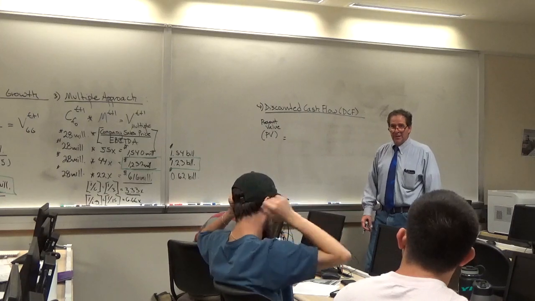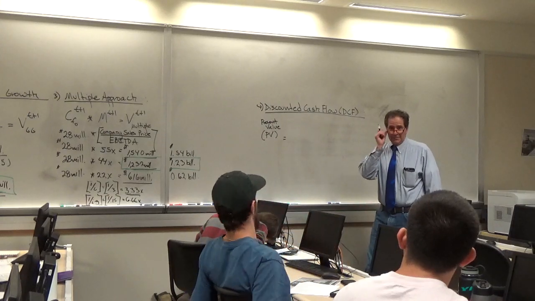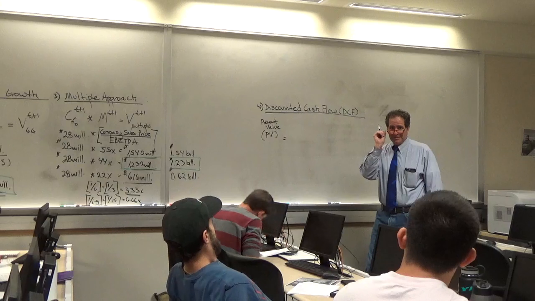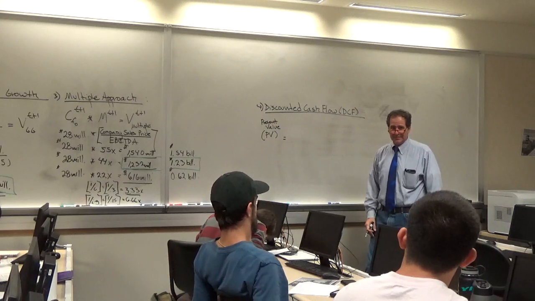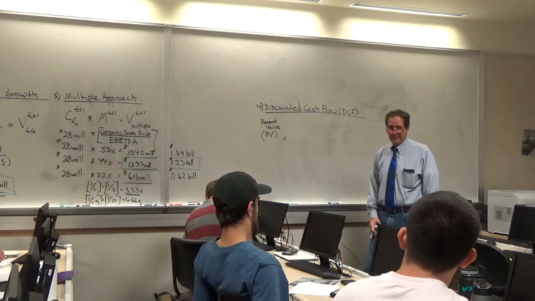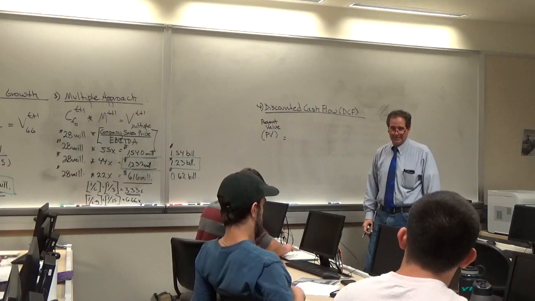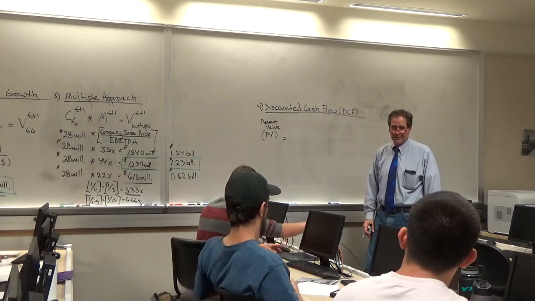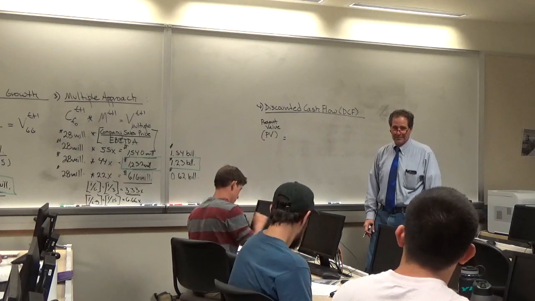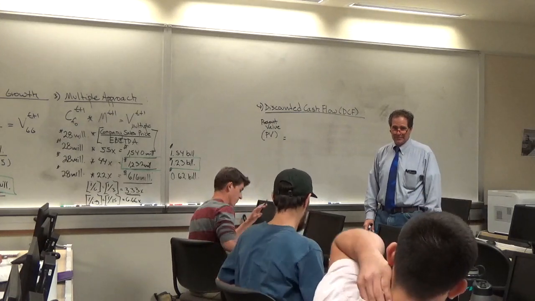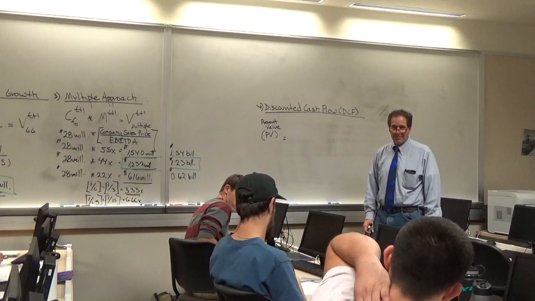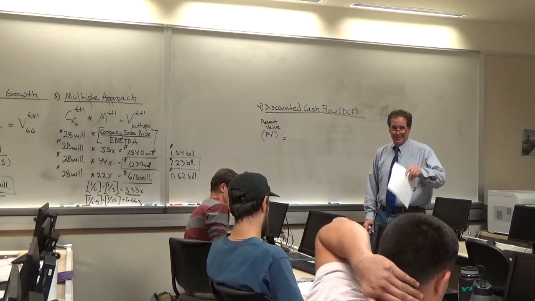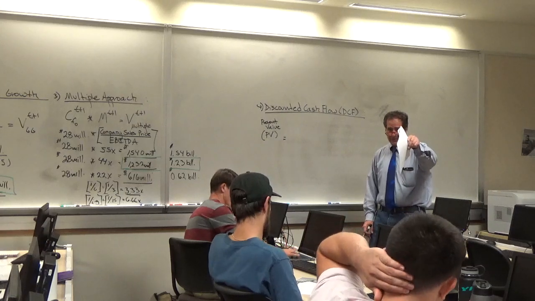Cash flow? How many? What's the DCF? What are you trying to calculate? What's the structure of the equation? 3 years.